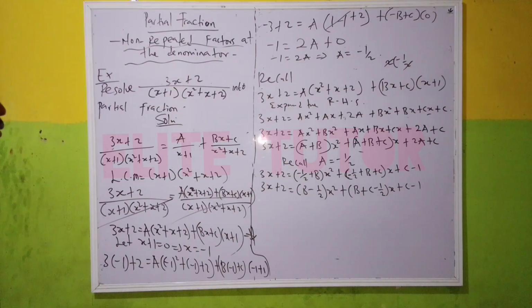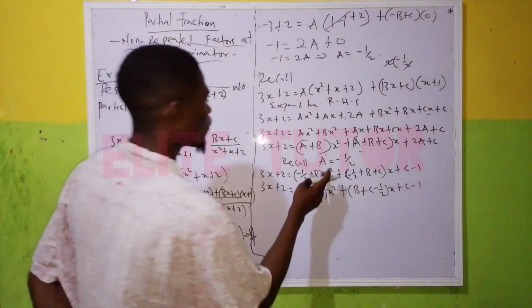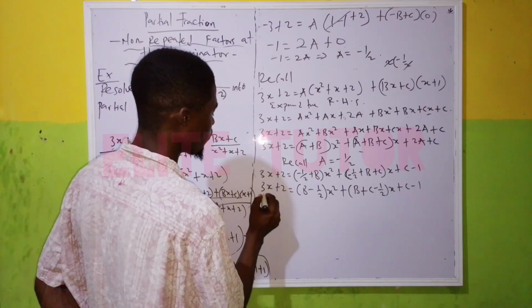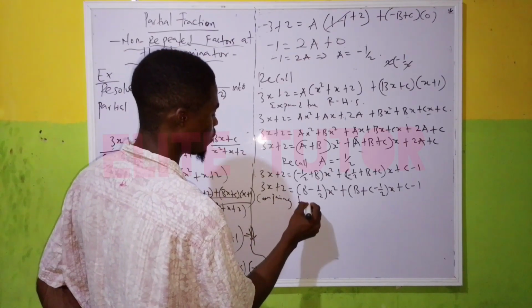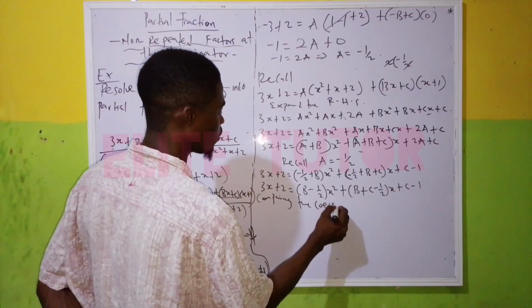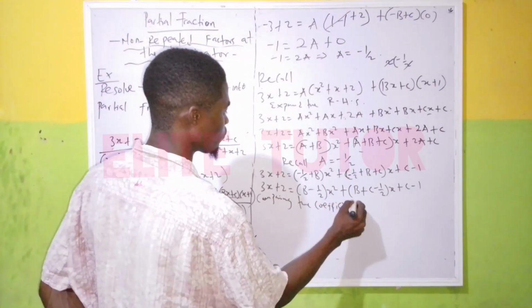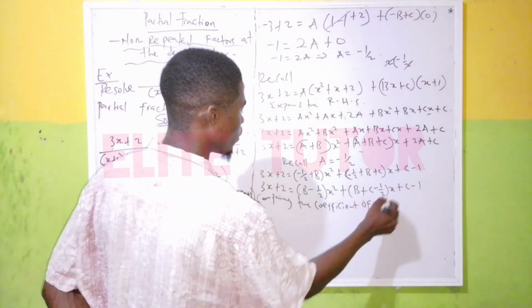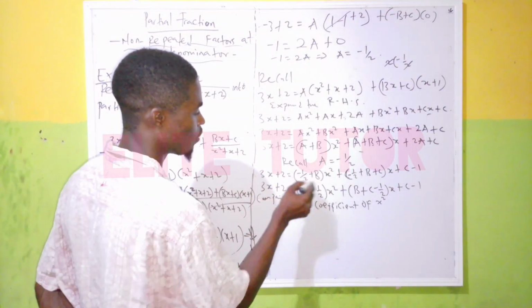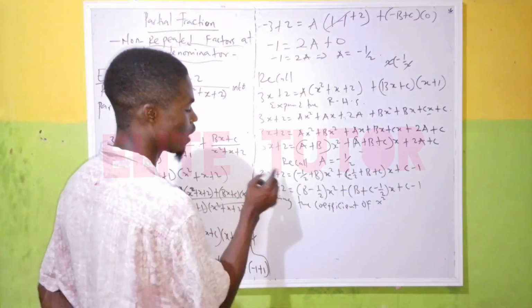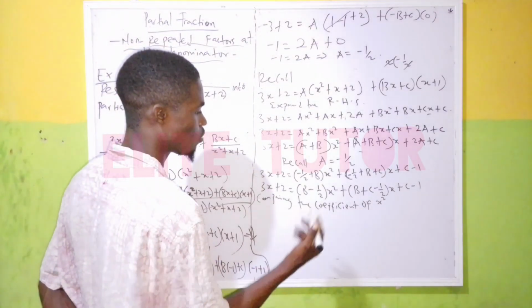No stress, okay? So at this junction, comparing the coefficient of x squared, obviously we don't have anything that has x squared here, so anything that has x squared here will be equal to 0. Where we have something that has x squared, we just equate them. That's the meaning of comparing.